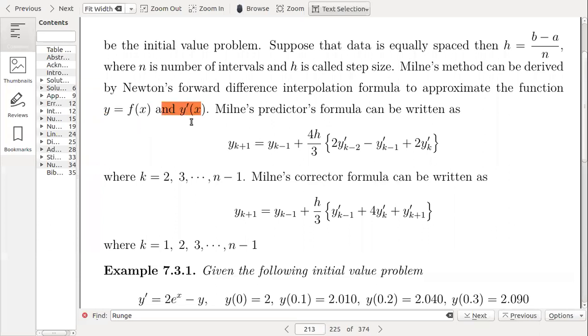Also, we are provided the derivatives of this function. The first derivative is denoted by y prime, which we can also write as dy by dx.